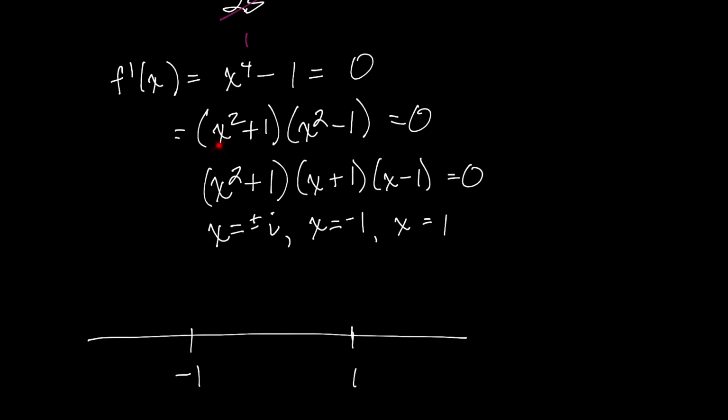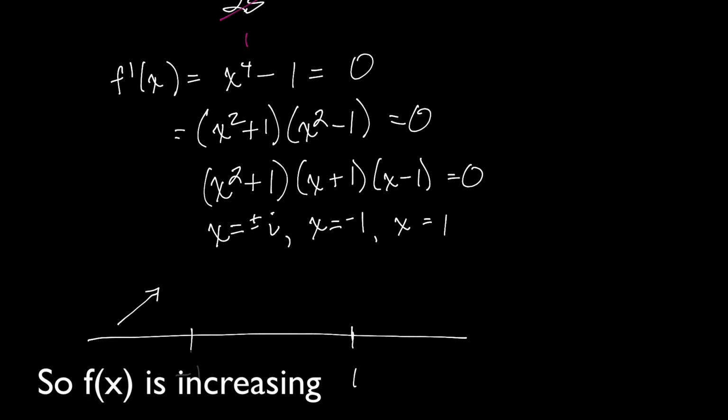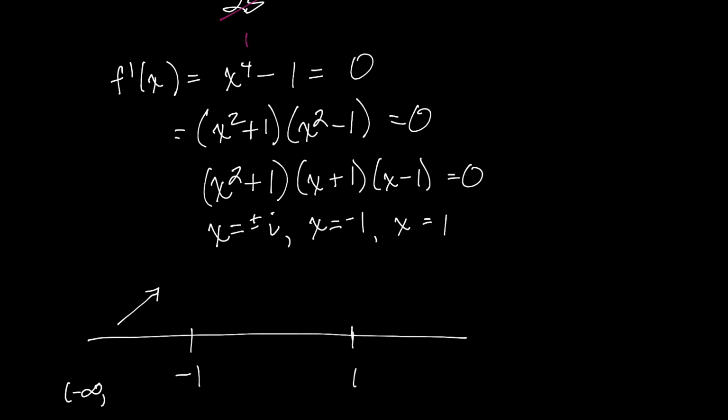Negative 2 to the fourth is 16 minus 1. I don't care so much exactly what that is, other than it is positive. So in this interval, from negative infinity to negative 1, we're increasing.